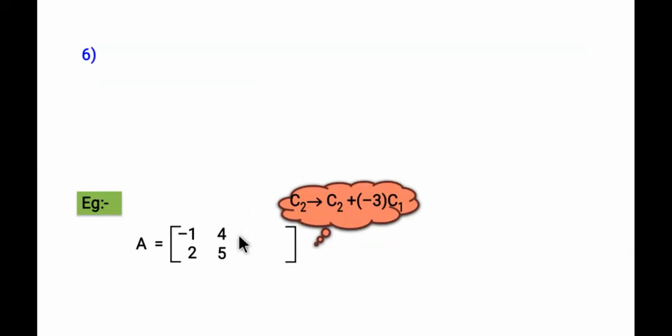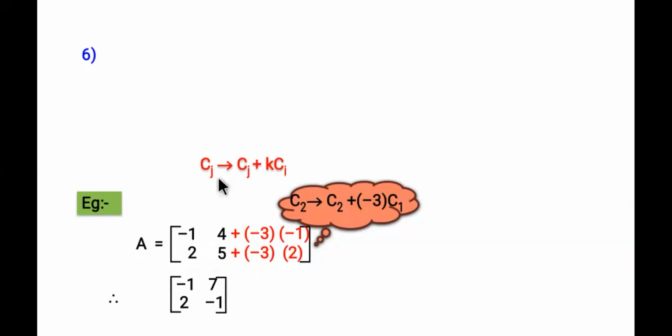So 4 plus -3 times -1, because the corresponding element is -1, and 5 plus -3 times 2. So 2 is the corresponding element over here. So after applying the operation, you get the answer -1, 2, 7 and -1.